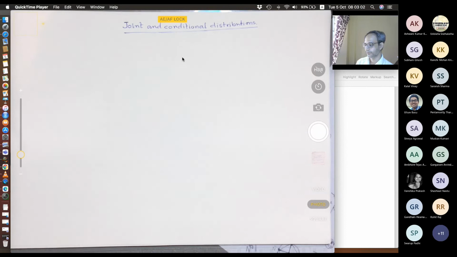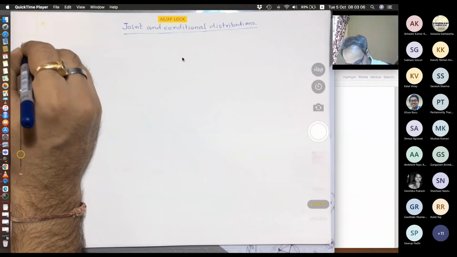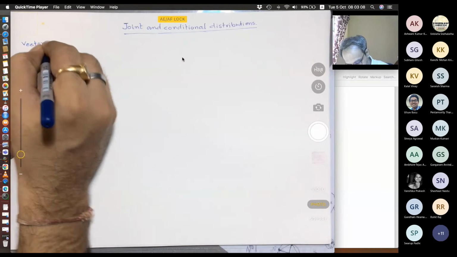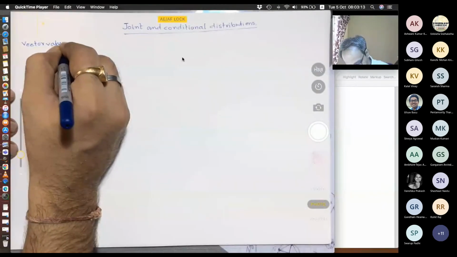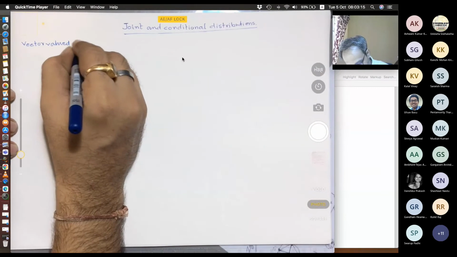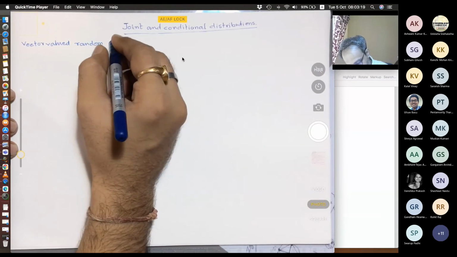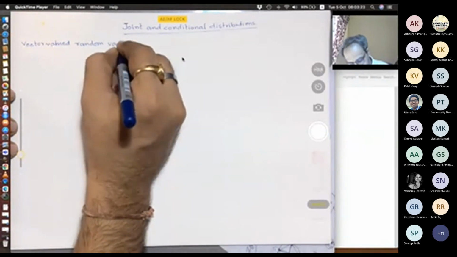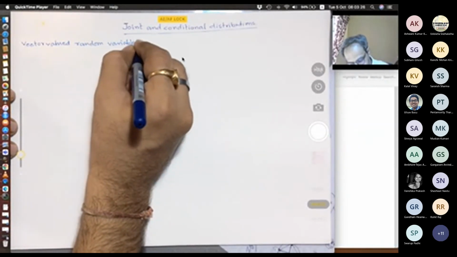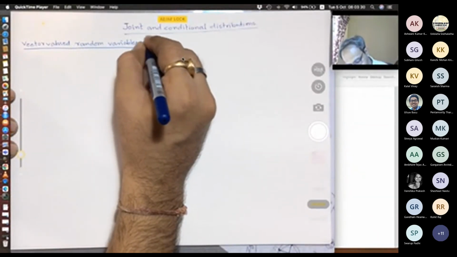Okay, so first of all, let us introduce the idea of vector valued random variables, or random vector, sometimes also known as that.